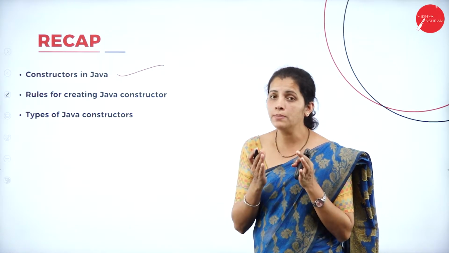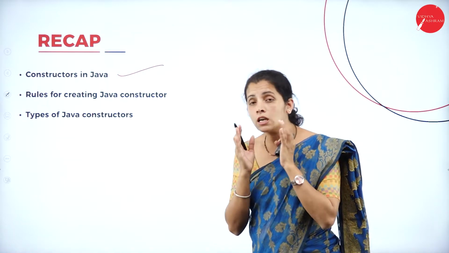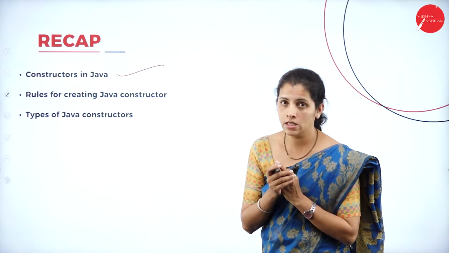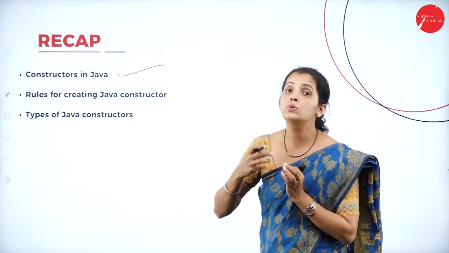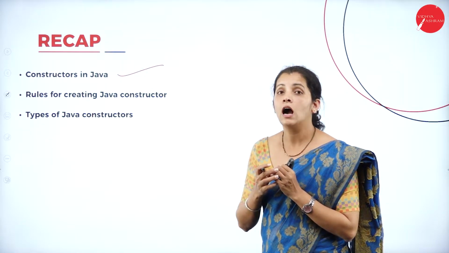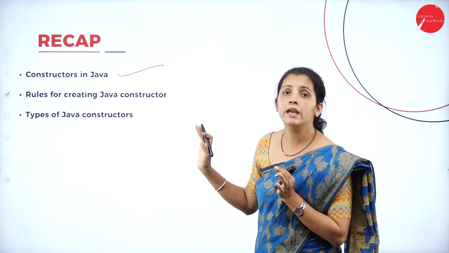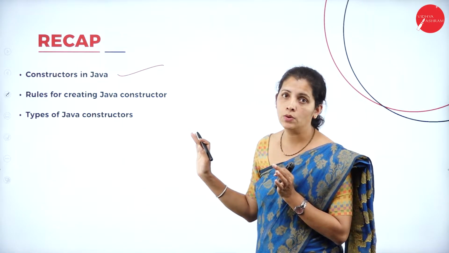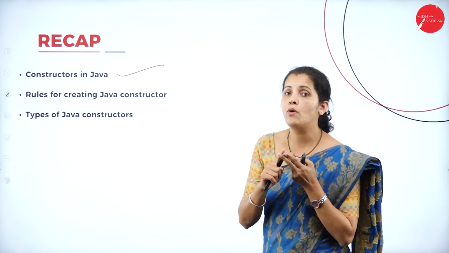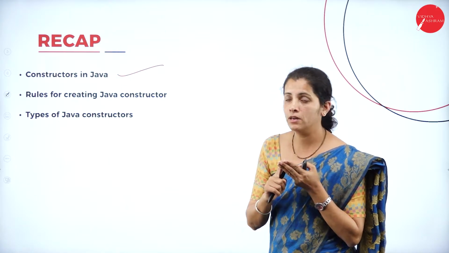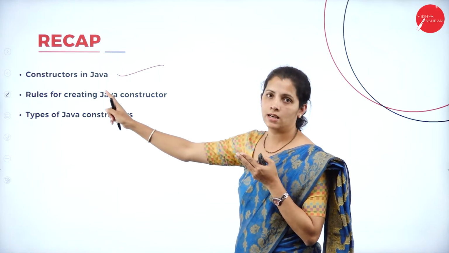Please make a note here. The constructor name is the same as the class name, it is mainly used to initialize the object, and the constructor does not have any return value. So these 3 points you have to remember while studying constructor.